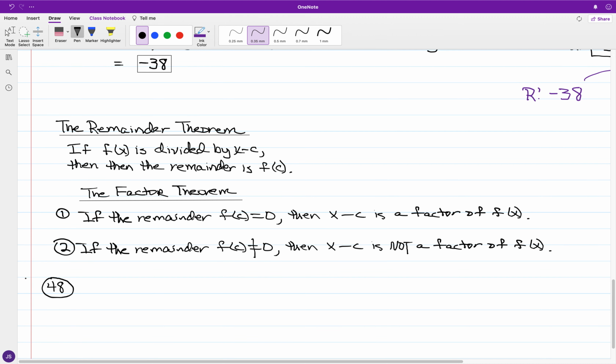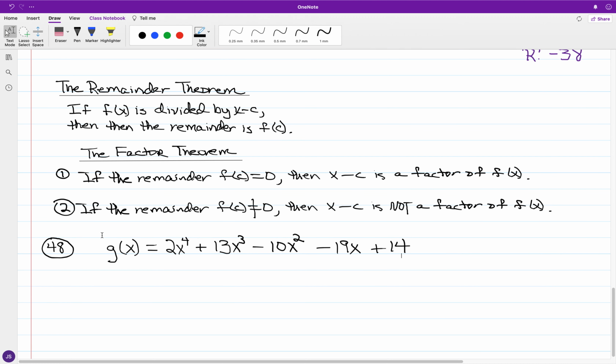For number 48, now we have a polynomial function, once again, g of x, set equal to 2x to the fourth plus 13x cubed minus 10x squared minus 19x plus 14.